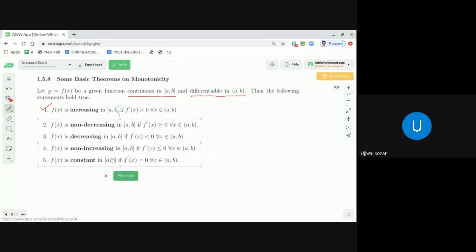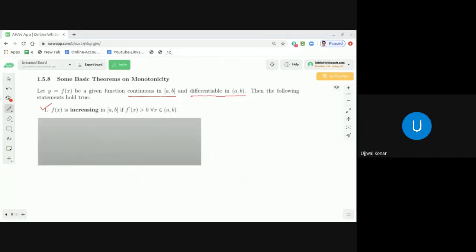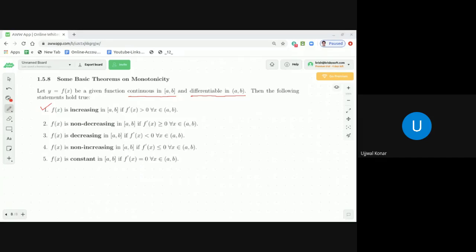So here it is. The next one is that f(x) is non-decreasing in the closed interval [a, b] if f'(x) is greater than or equal to 0 for all x in the open interval (a, b).